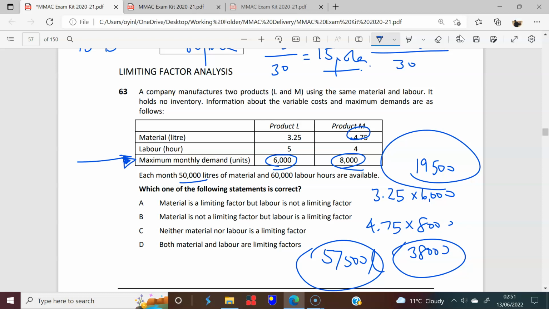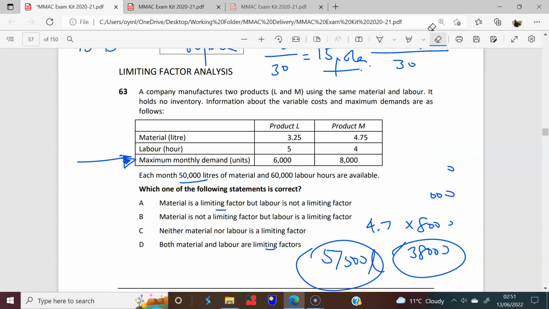Now let's look at the product, here in terms of labor. We need 5 hours of labor for each of these units.